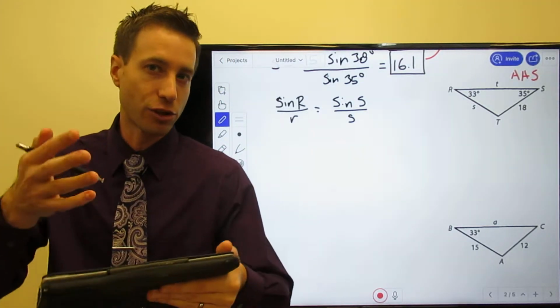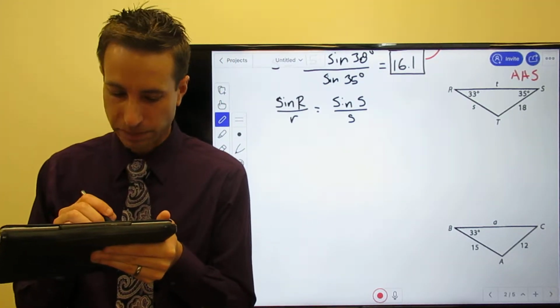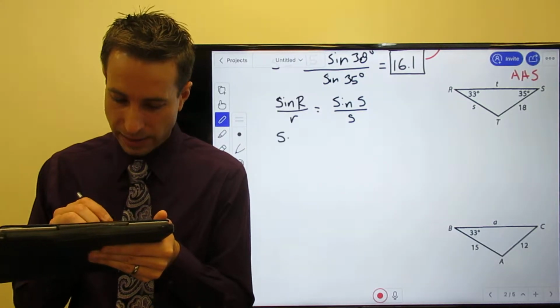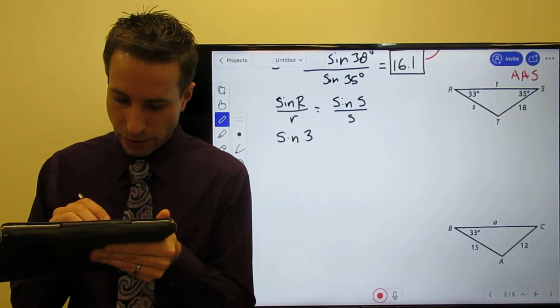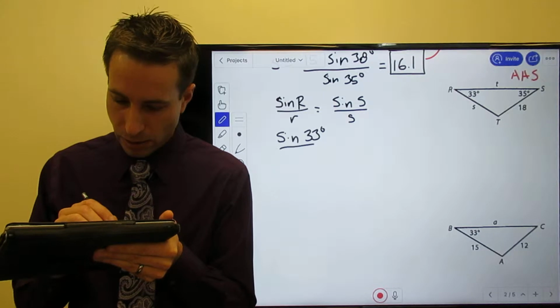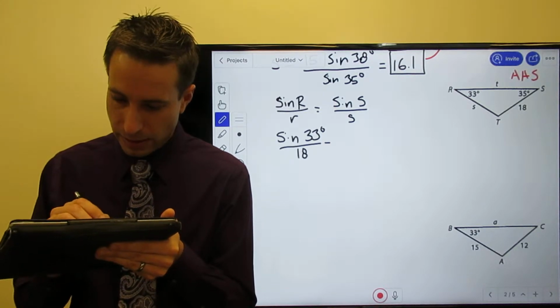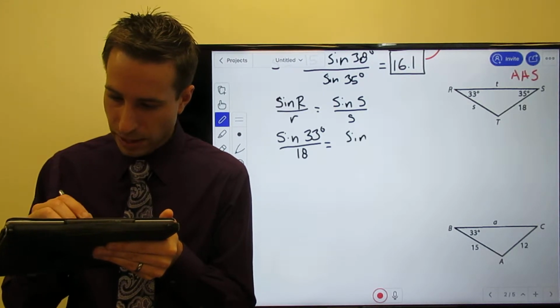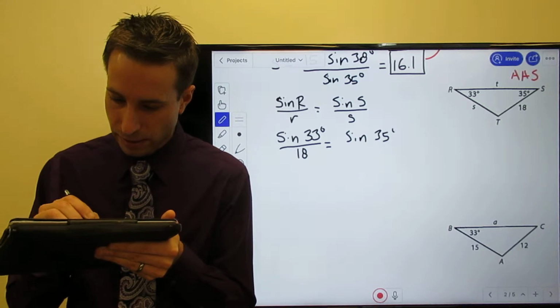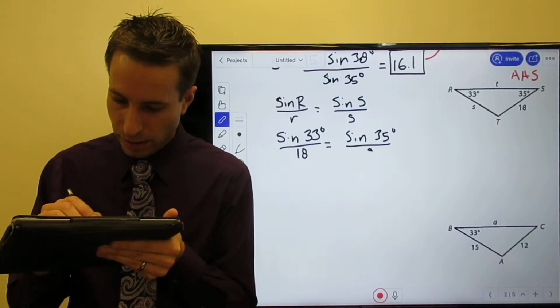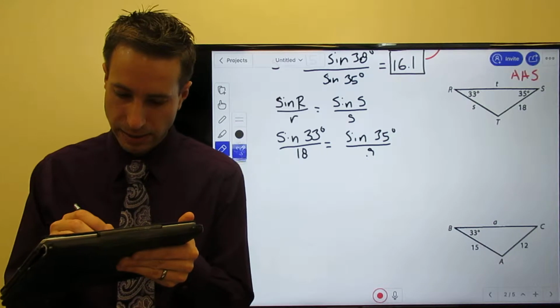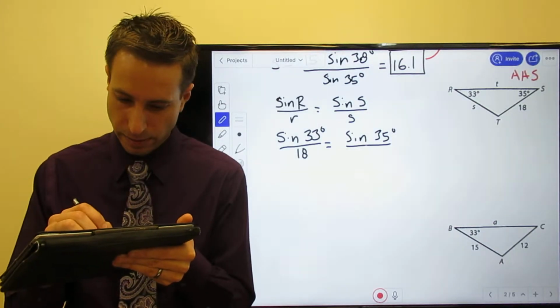We'll do a little bit of algebra, and then our calculator will do the rest. The sine of 33 degrees over 18 is equal to the sine of 35 degrees over S. We're going to solve for S. That's a weird looking S, let me fix it.